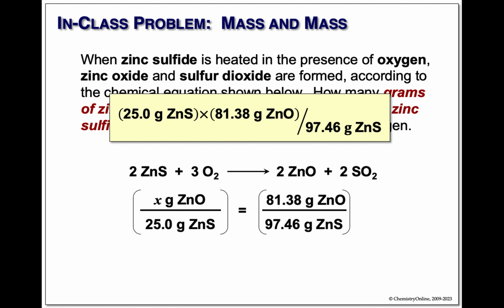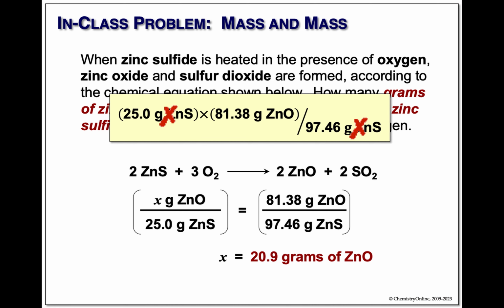Zinc sulfide will cancel nicely. And we're talking about 21 grams. So, doing mass isn't difficult either. The only trick is to take the mole ratio from the stoichiometry, 1 to 1 in this case, and substitute in molar masses. That's all you have to do.